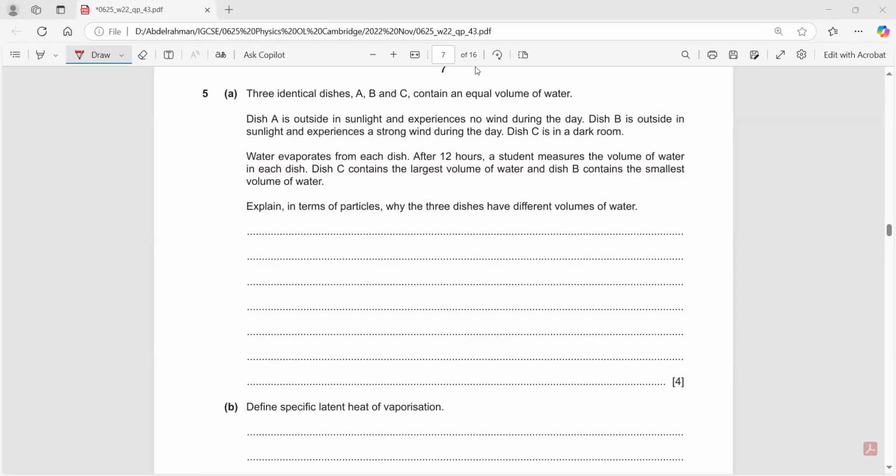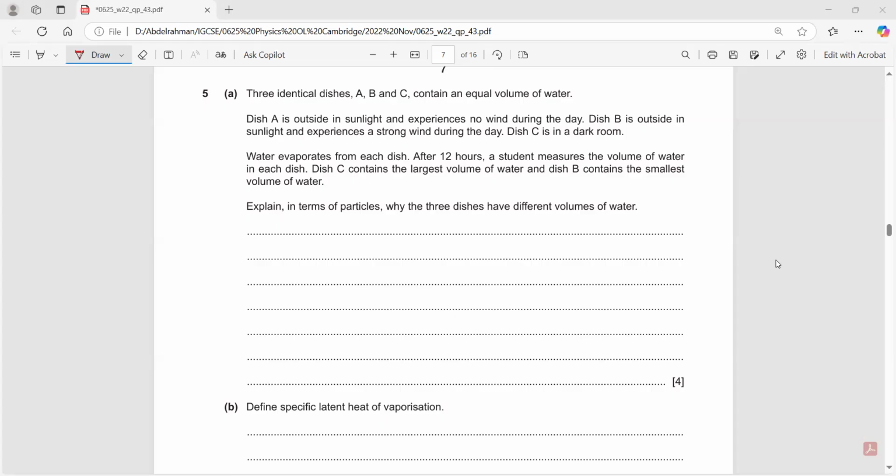They receive the most energy, so a lot of these molecules would be on the surface and evaporate. And then the dish with the strong wind would have a lot more molecules being removed from the surface.